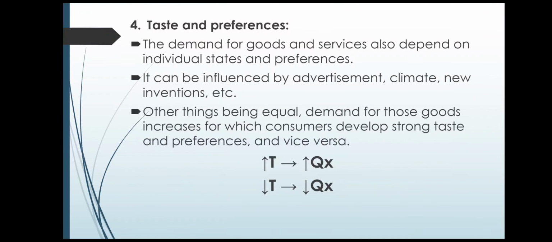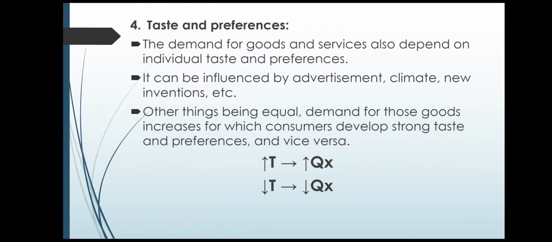The next determinant is taste and preferences. The demand for goods and services also depends on individuals' tastes and preferences. If an individual likes a particular commodity, that individual is going to demand that product.